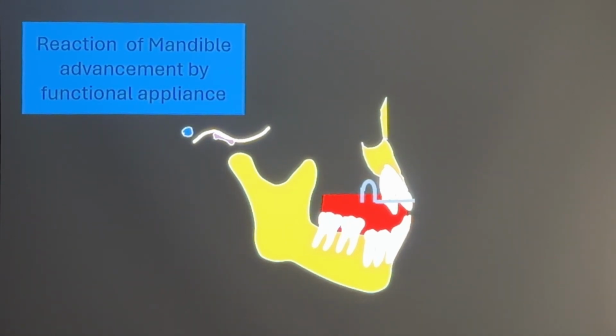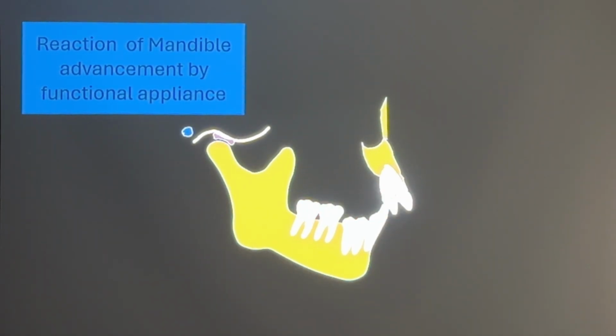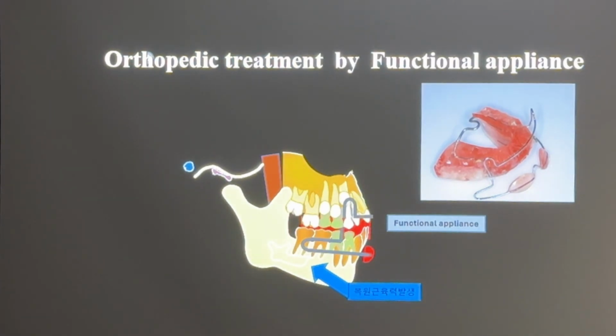And then I will go back to the occlusal surface, around here. Basically, this is for class 2 division 1 cases. Class 2 division 1 means we need to restrict upper bone growth.